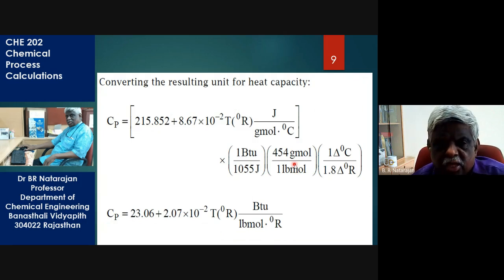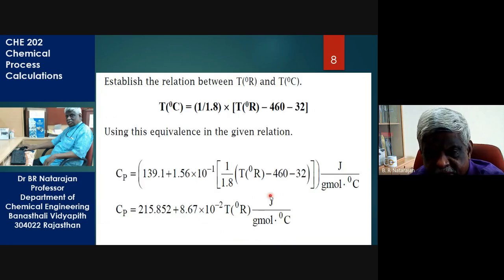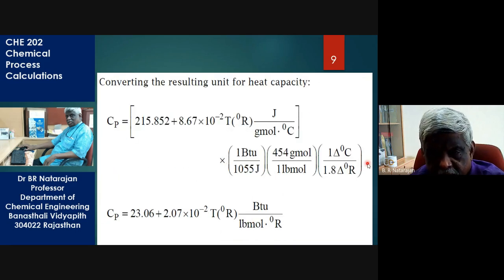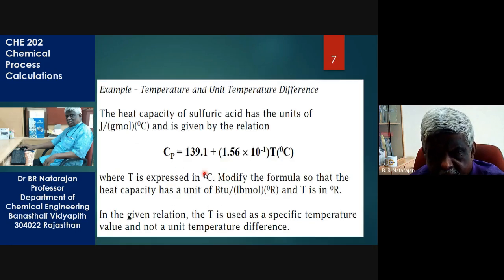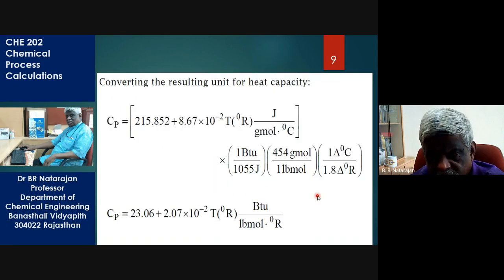So 1 pound is 454 grams. So this is done, and 1 BTU is 1055 joule. This is the conversion for BTU and joule. This is the conversion for gram mole and pound mole, and you already have the remaining expression here. What is wanted in R? Degree centigrade by degree R.